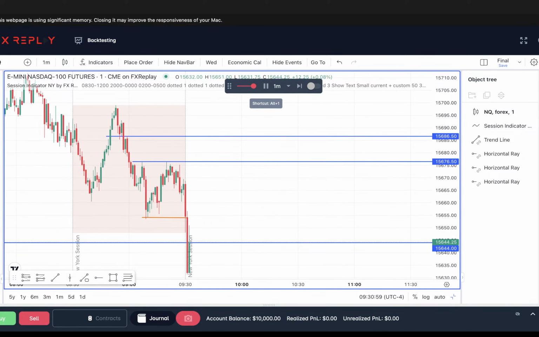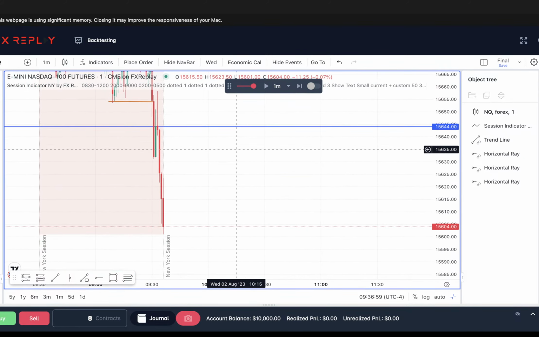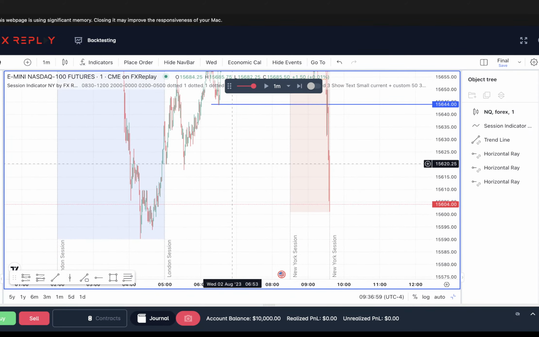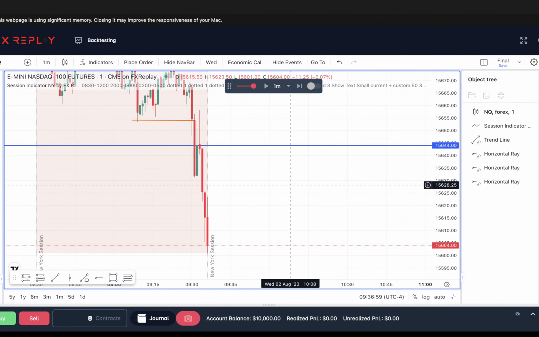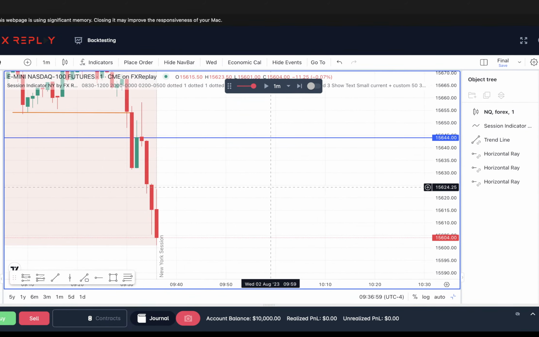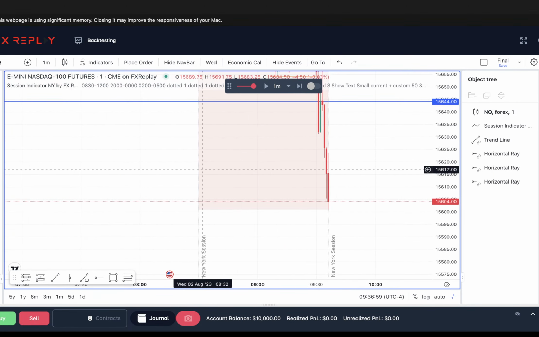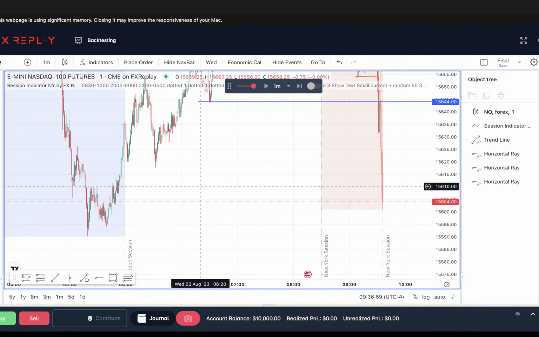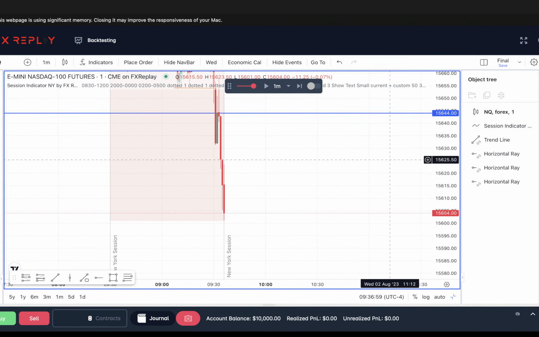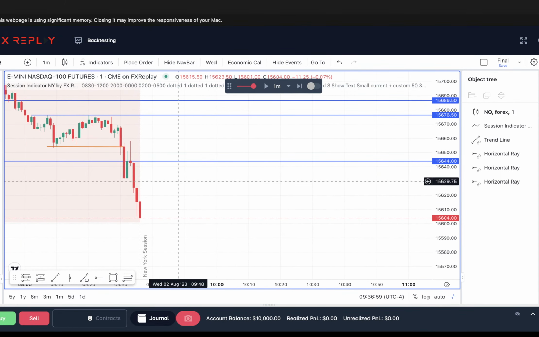Let's see. Okay, we got a sell side, but it really just ran down the rest of the day. So you either could have got in on this wick here, or you can still try to wait for a reversal if you want to see if we get one. But where is 9:30?